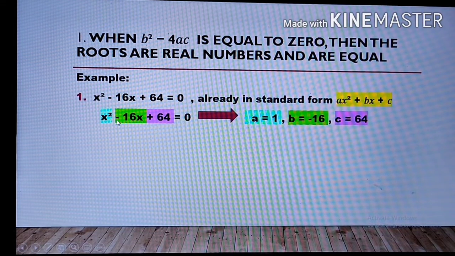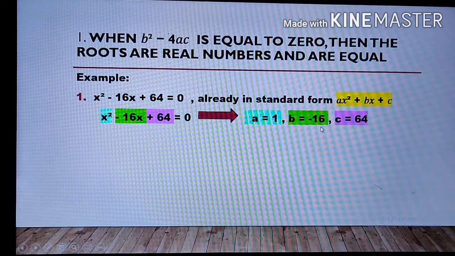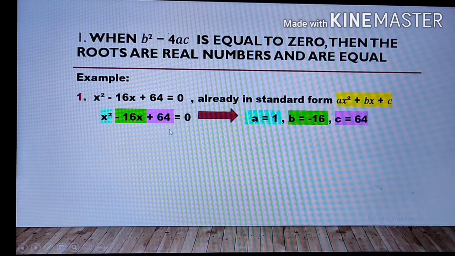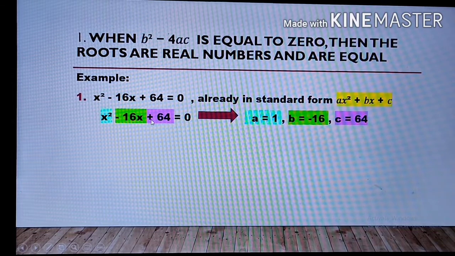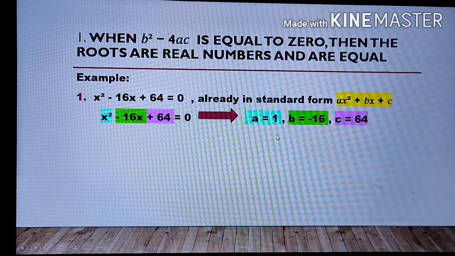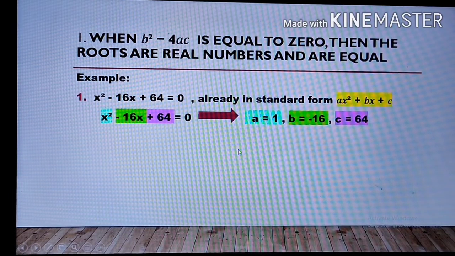So, minus, ibig sabihin, negative yung sign ng 16. So, b is negative 16. Then, last, ang c is 64. So, plus yung katabi niya na operation, ibig sabihin, positive din yung sign ng 64. So, we have na the values of a, b, and c.